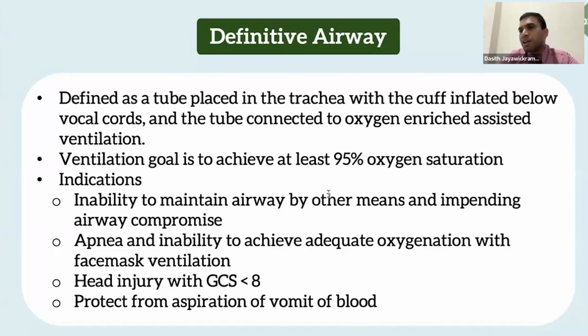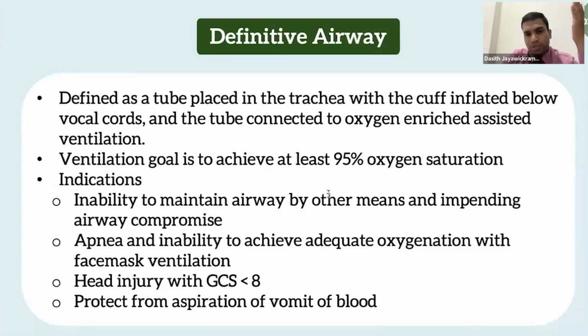If there's no ventilator available at the moment, then we keep going with mask ventilation, bag ventilation. Okay. So our goal is to achieve at least 95% oxygen saturation. I know you all know what oxygen saturation is. This 95% comes because at values less than 95, the oxygen amount in the blood drastically reduces.